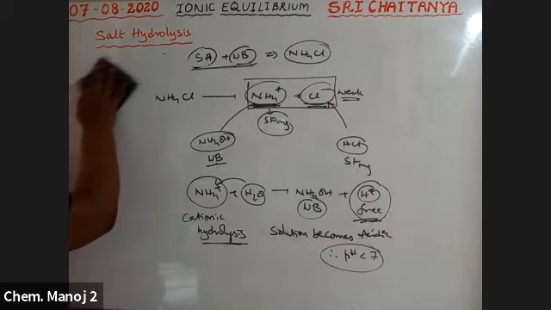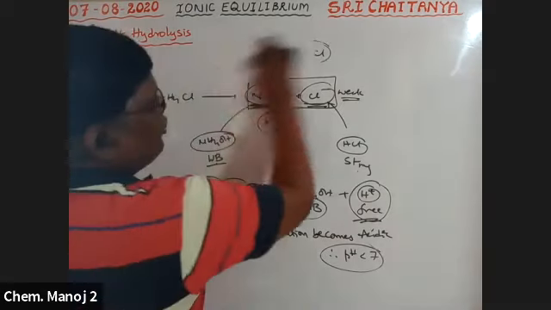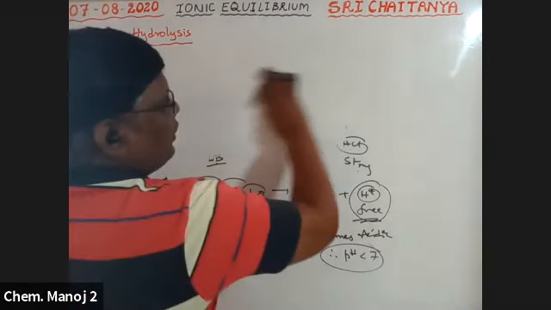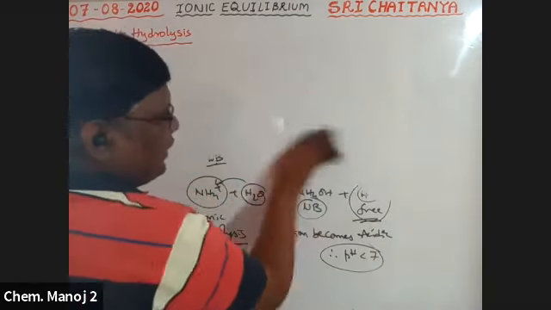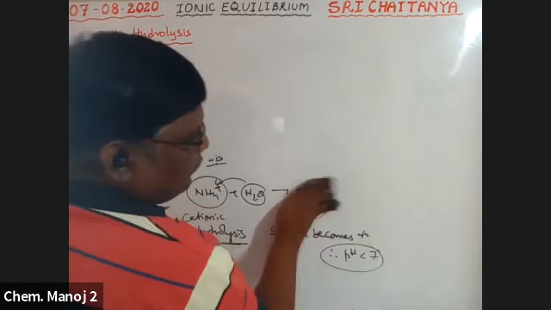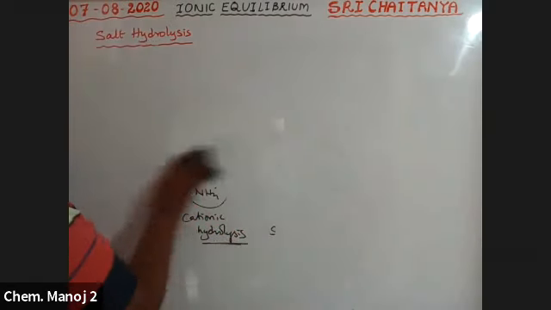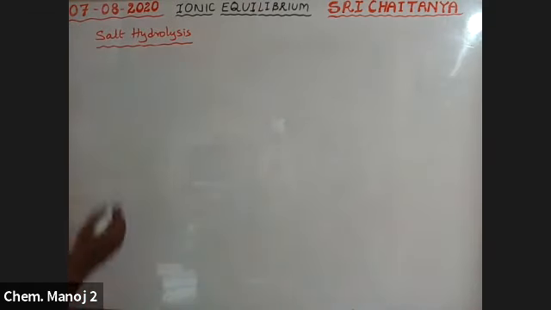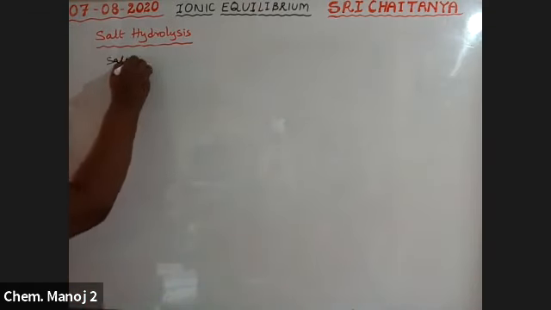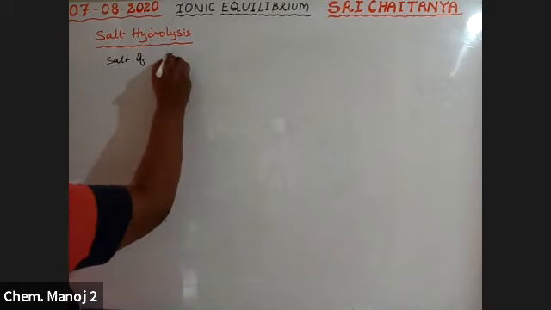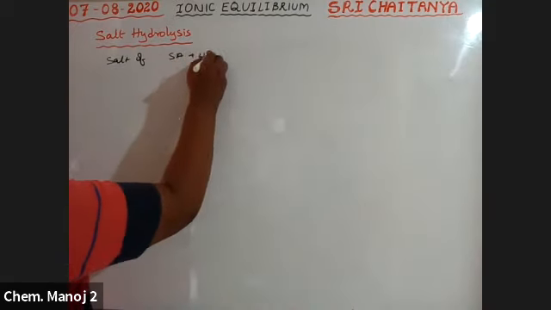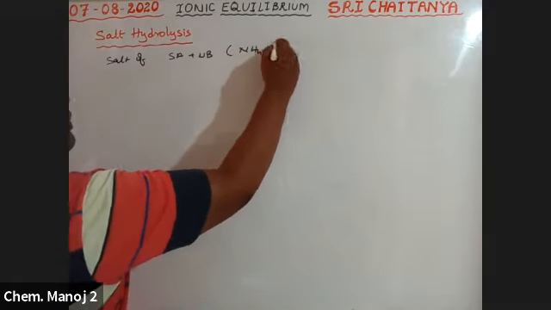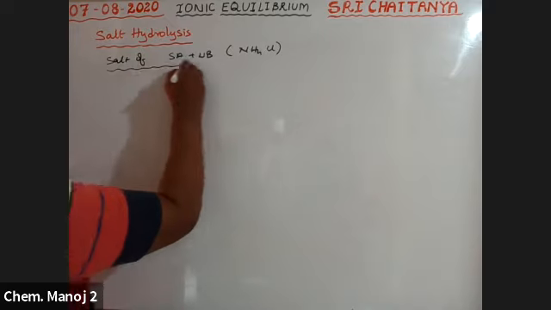Now I am trying to calculate the hydrolysis constant for this salt, the salt of strong acid plus weak base. The example is NH4Cl.